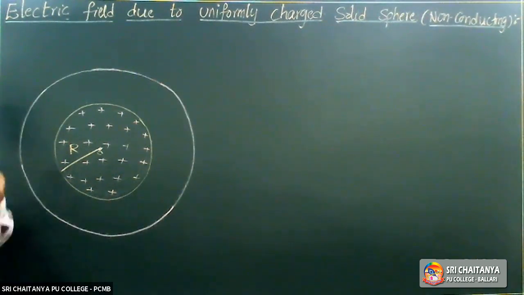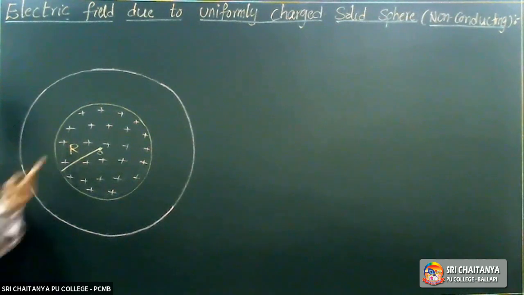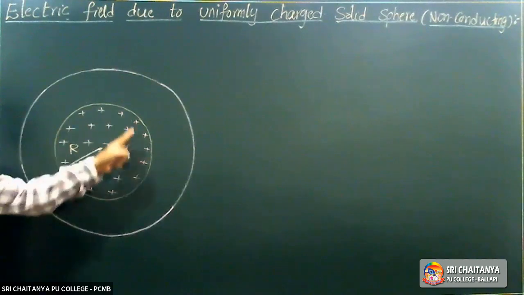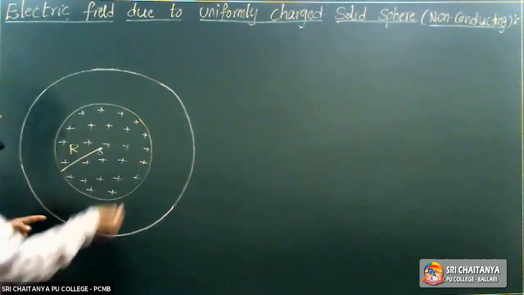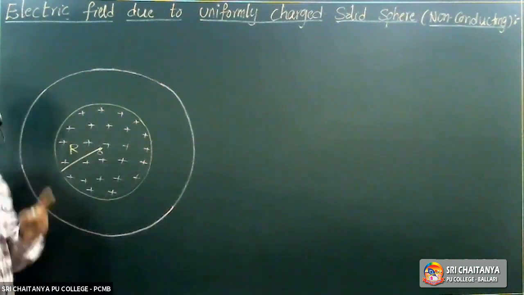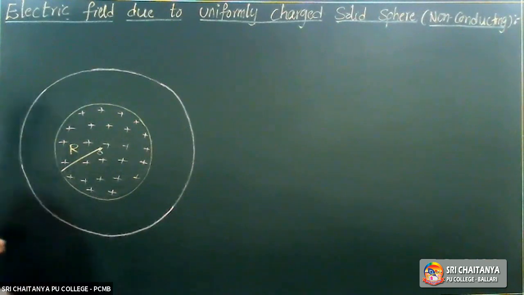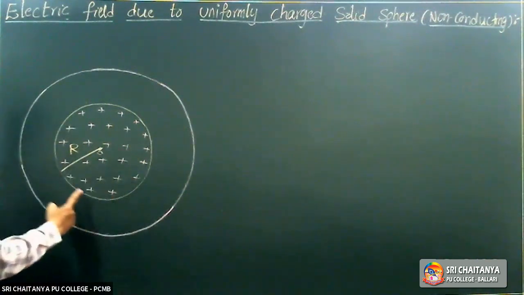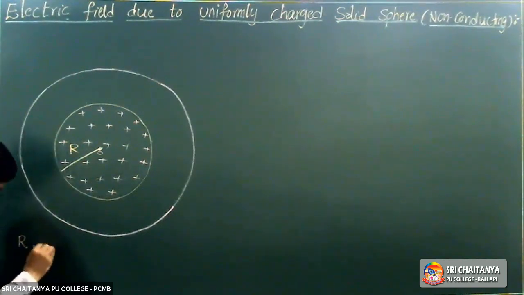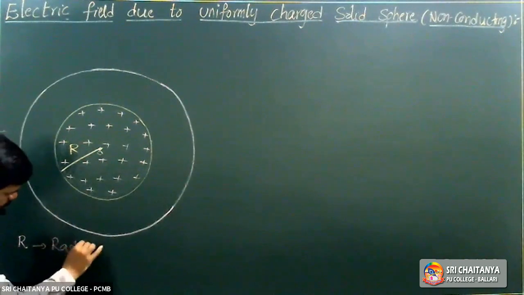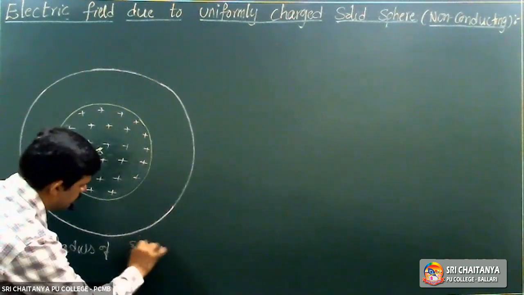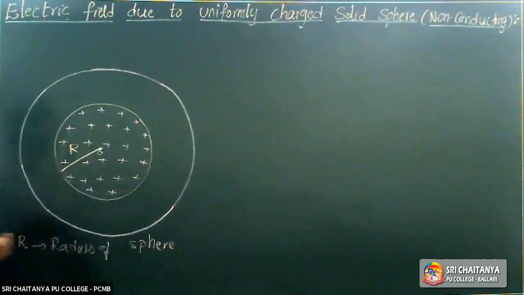Yesterday, with the conducting sphere or shell, the charge was distributed on the surface. But now it is a solid non-conducting sphere, so whenever we give it charge, that distributes throughout its volume. Here R is the radius of the sphere.